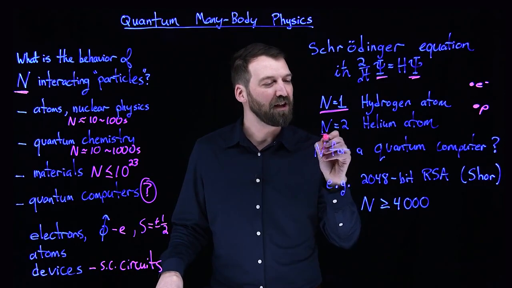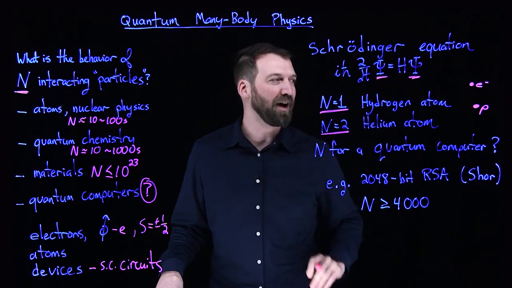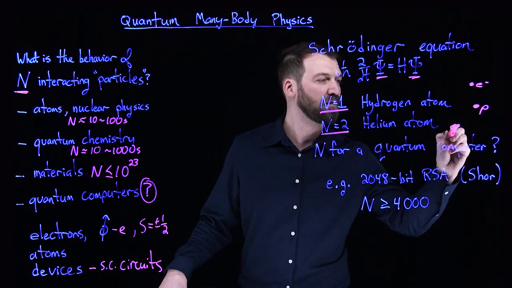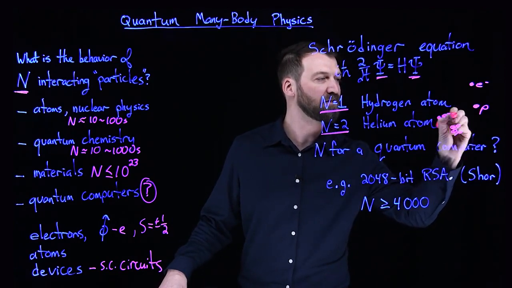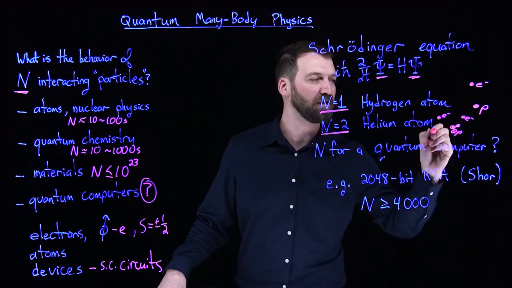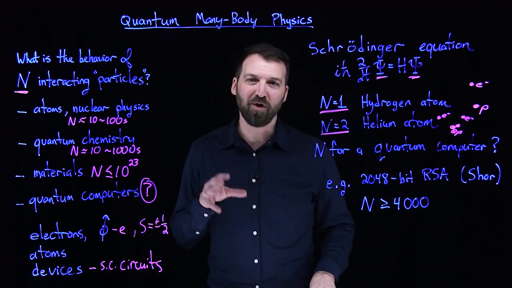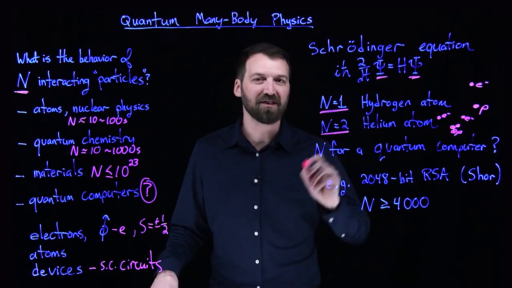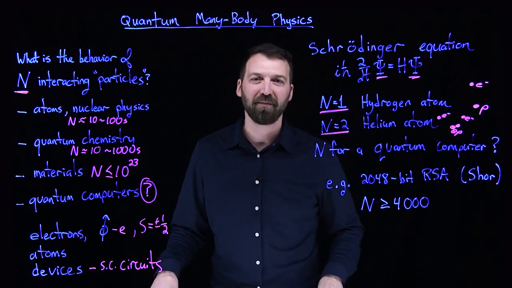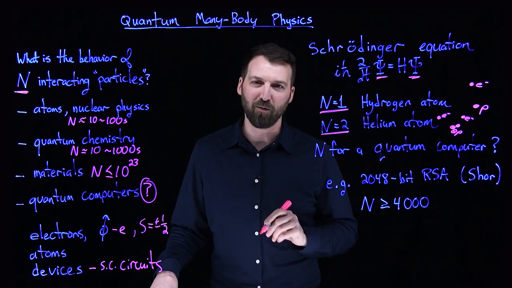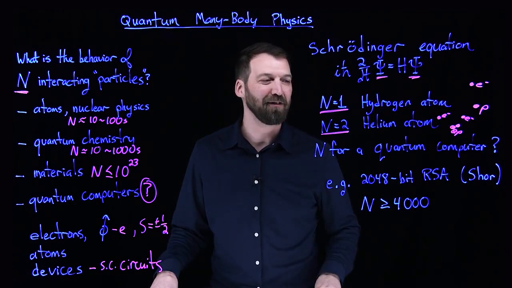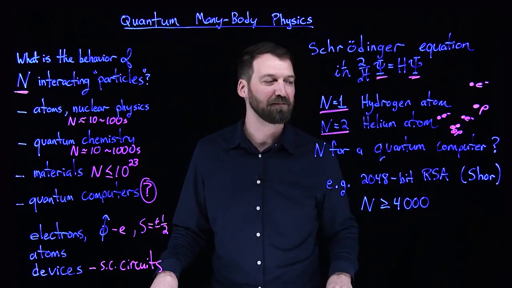If I move on to the n equals 2 case, which is the helium atom, I have a nucleus of 2 protons, and I have 2 separate electrons orbiting around that nucleus. There's no known exact solution for that in closed form. So even in this very simple case of a helium atom, there's no way that we can write down the equations of motion that govern the time evolution of the electrons.